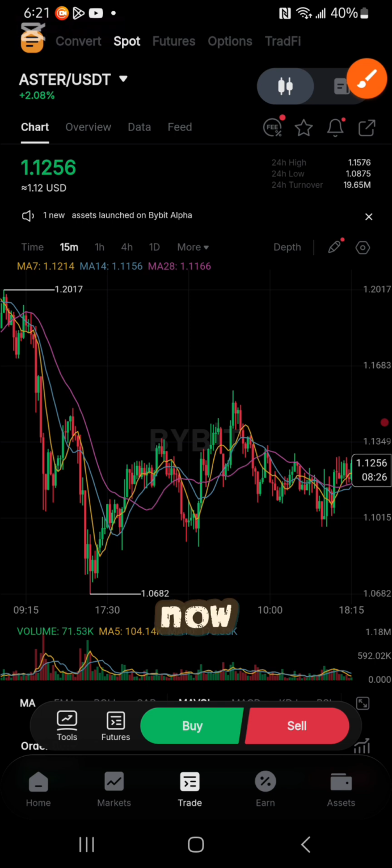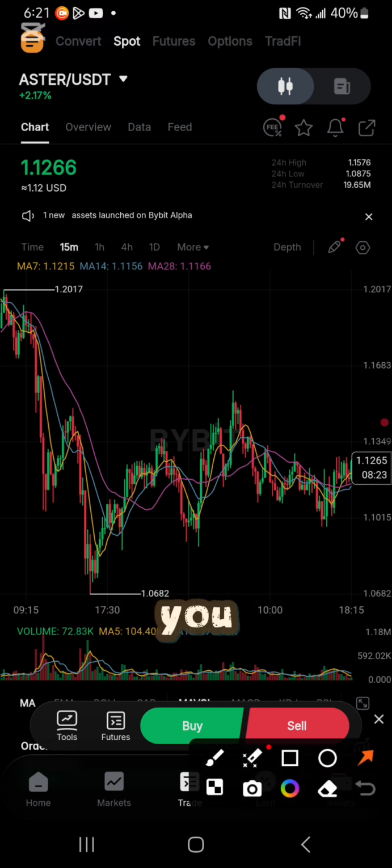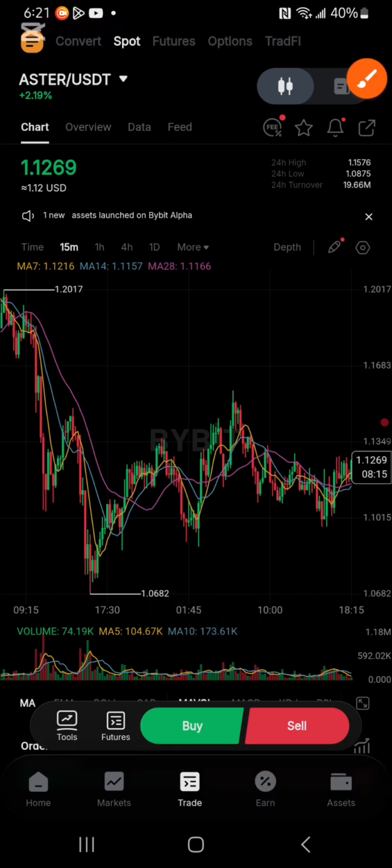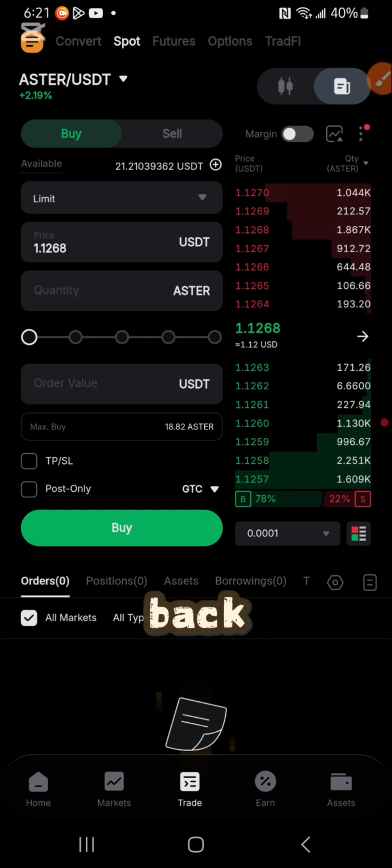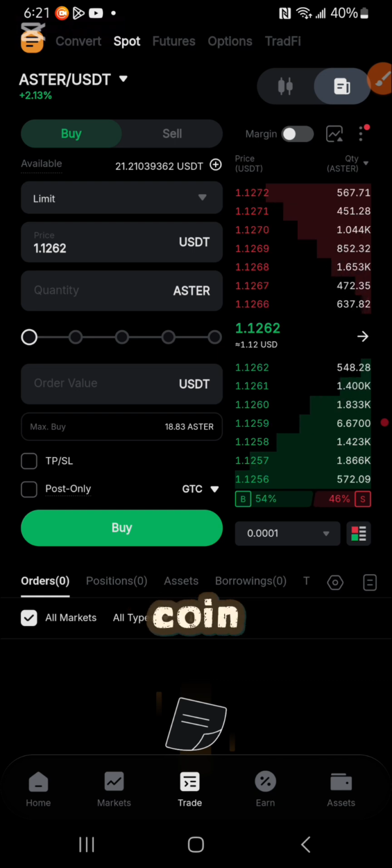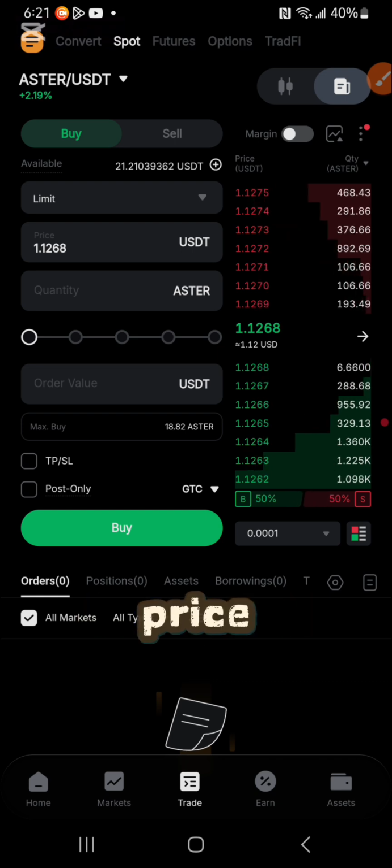So in order to now proceed in buying the coin, you are going to click on buy right here that says buy. You click on it. Once you click on there, it will redirect you back to the spot trading section, and then we will go ahead to buy this coin at a discounted price.